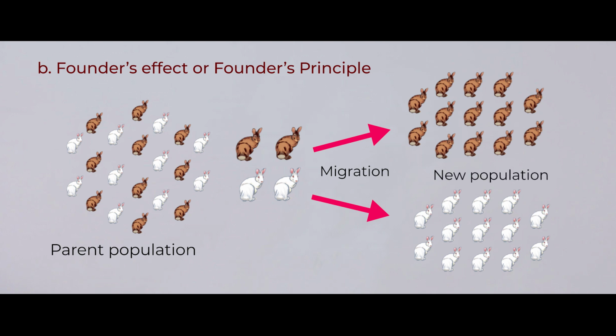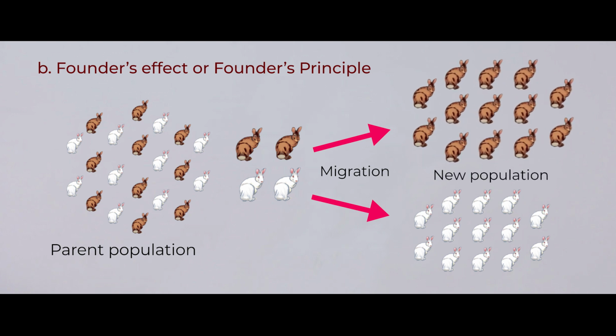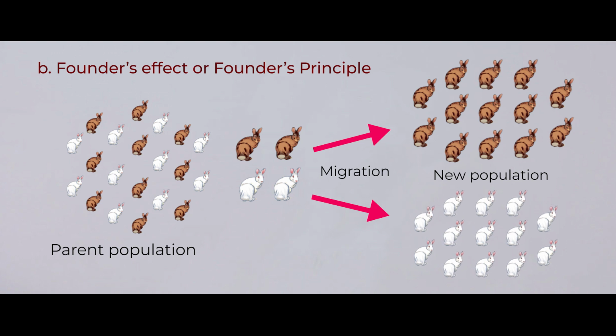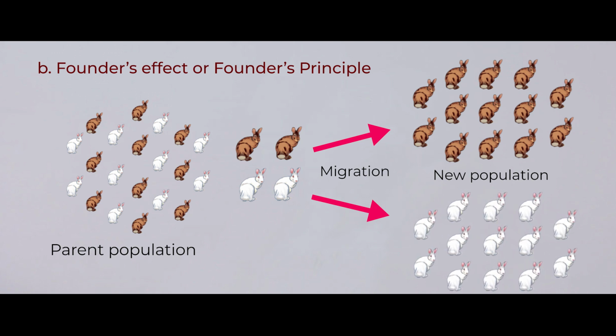You have a brown population of rabbits initiated by the brown rabbit that has moved out from the parent population, and you have a new population of white rabbits established by the rabbit that has moved out from the parent population. Over the generations, you will find that these two populations, the brown rabbit population and the white rabbit population, will not be able to interbreed, thereby indicating that they have now become a new species.